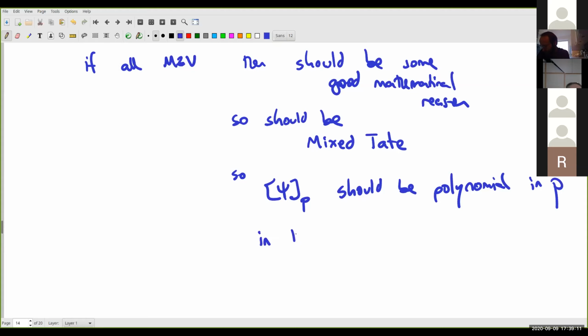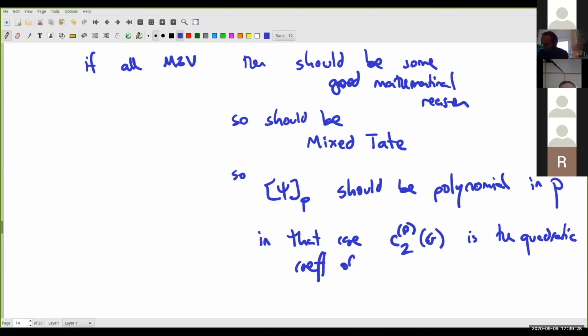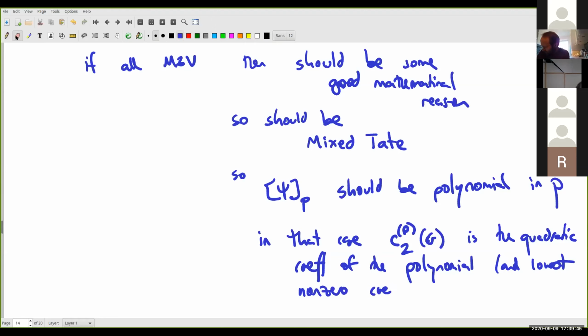And then in that case, c_2 of p is the quadratic coefficient of this polynomial and is the lowest non-zero coefficient, because we already said this number is divisible by p squared as long as the graph has at least 3 vertices. Well, lowest potentially non-zero. It could be 0, but the smaller ones are 0.